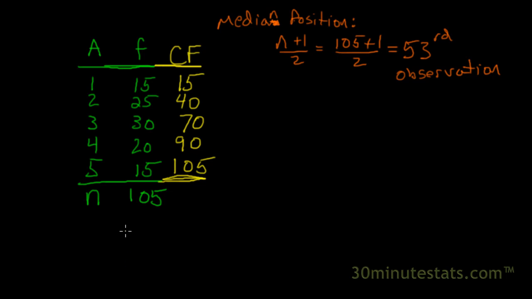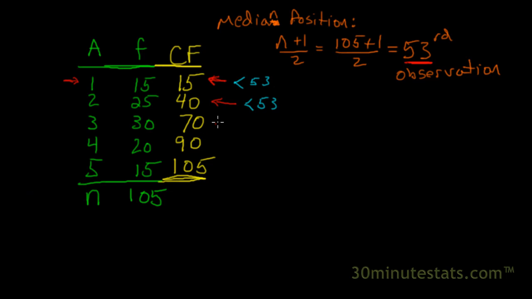Now, we're looking for the 53rd observation. Okay, so we'll start with the lowest category, where A equals 1, and we'll say that this cumulative frequency of 15 is less than 53. We'll look at the next category, and we'll say that the cumulative frequency of 40 is also less than 53.